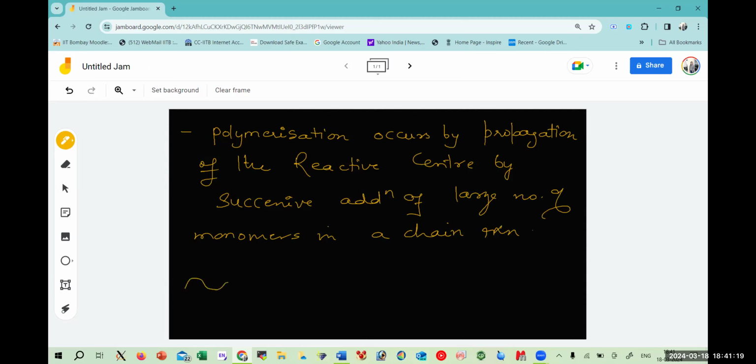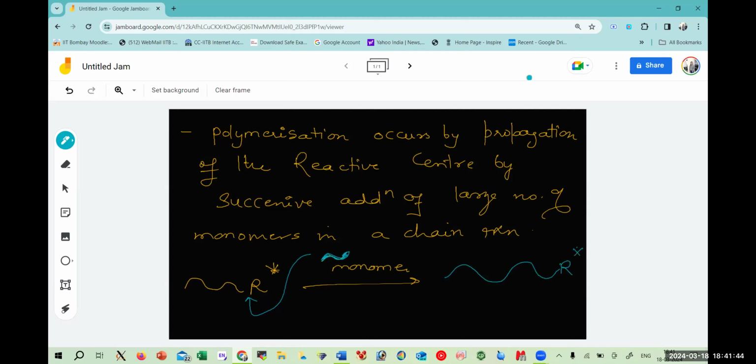So say for example, I have this initiator species where the active center is this one. Now I have this monomer. This is my monomer, and this will go and tag here.